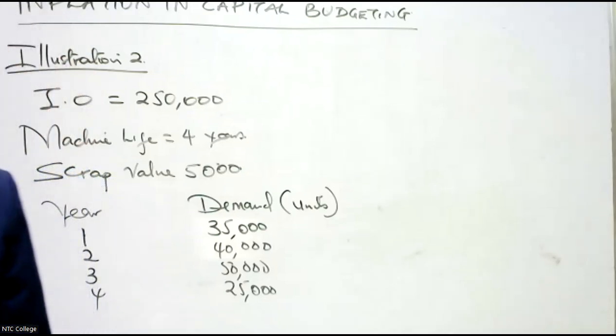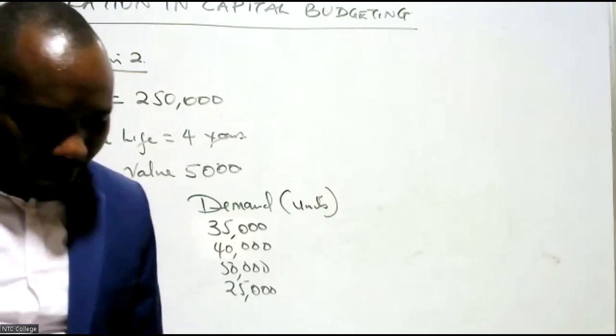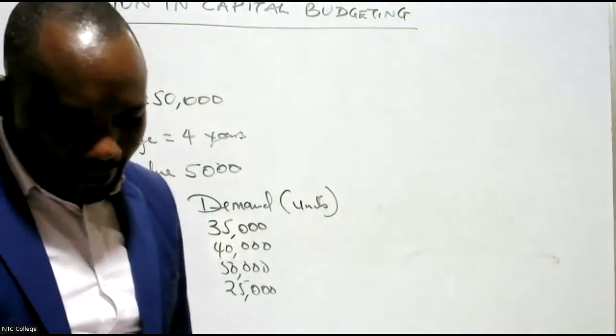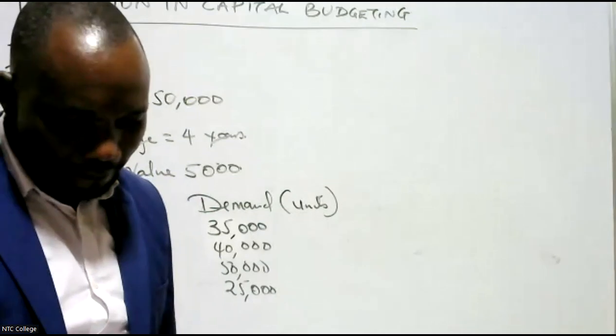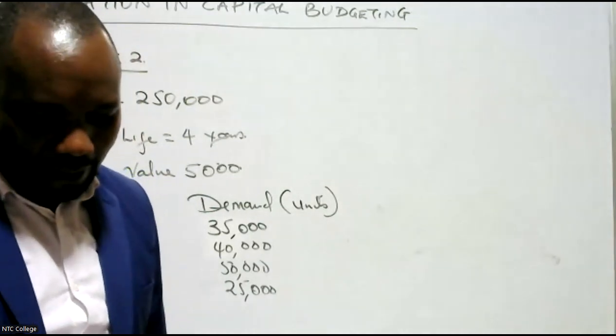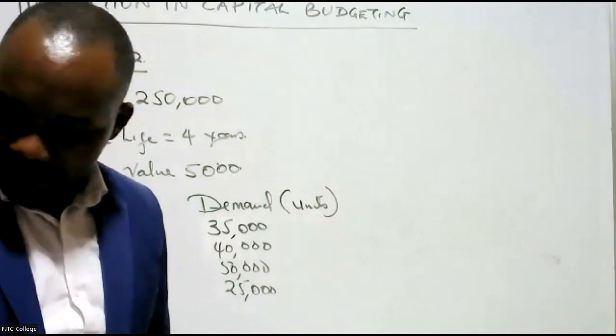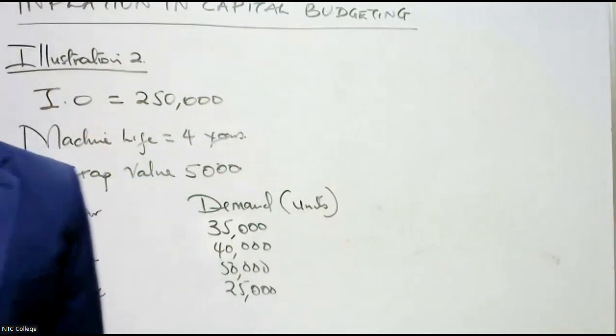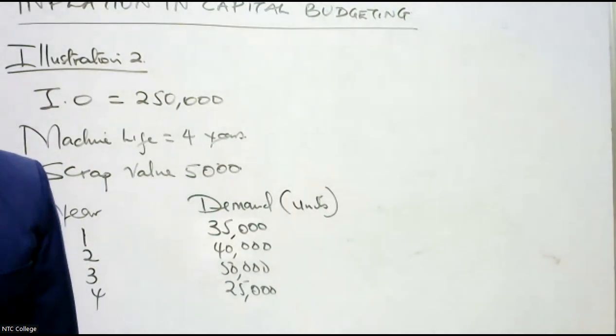Number one, the selling price at 3% per year. The selling price will increase at 3% per year. That is the rate of increase of the selling price. Every year inaongezeka na 3%.